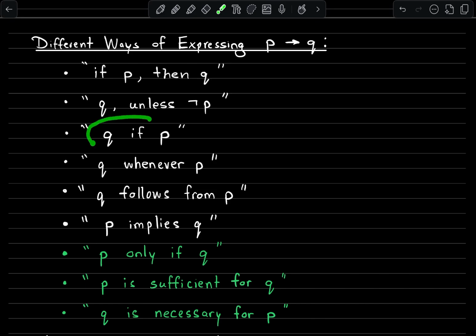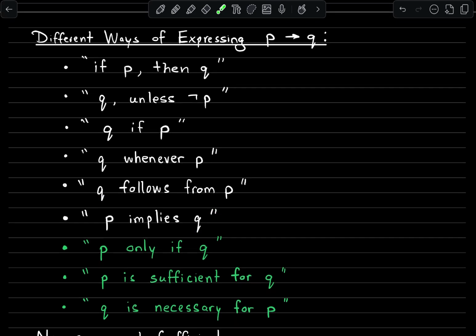You've got Q if P. All I did here was just reverse the order, but it's saying the same thing. You have Q if you have P. If P, then Q. Q whenever P. Q follows from P. P implies Q.